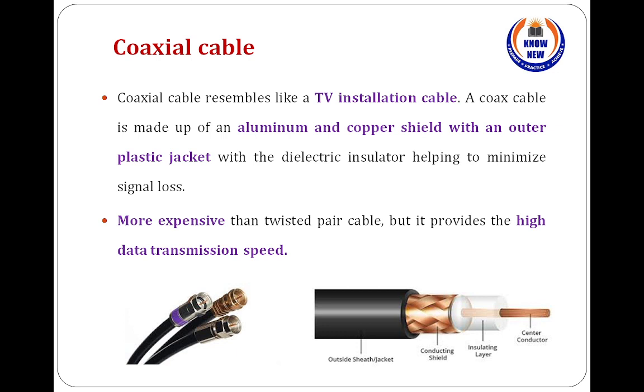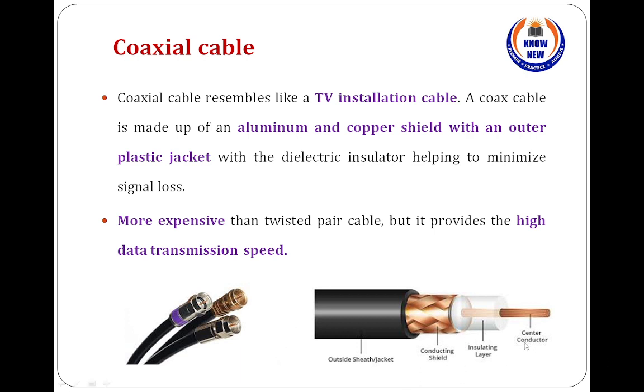Then the next one is the coaxial cable. The coaxial cable will look like this. In our home usually we are using the cable TV connection, and we are using the coaxial cable. If we cut that coaxial cable using a knife or something, we can see such a kind of interior parts.